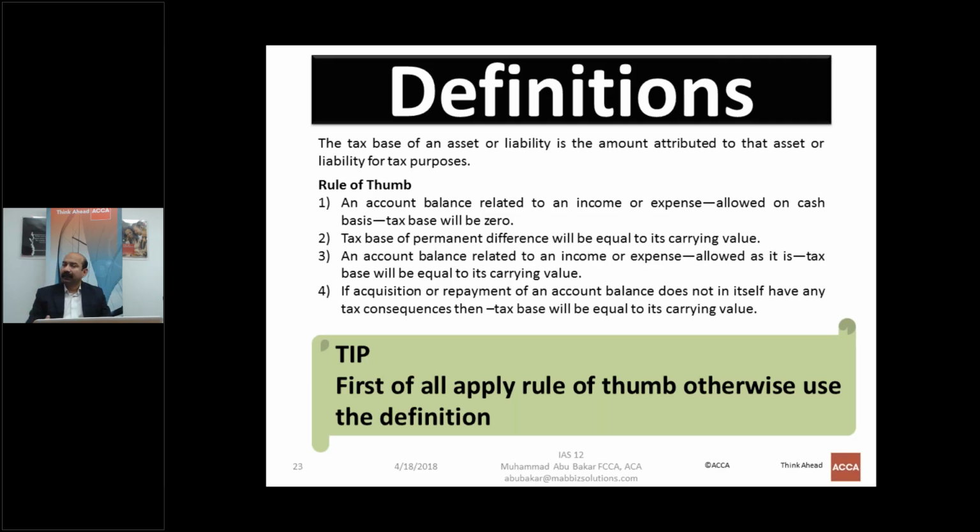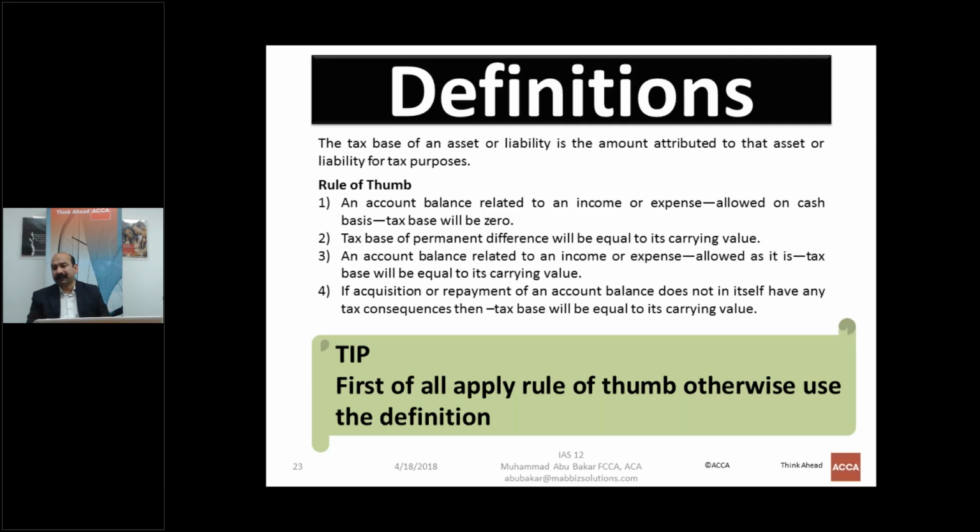If you see that this asset or expense is being allowed on cash basis, simply go for rule number 1 and take its tax base as 0. If it is written that this expense or income is not allowed, this means the related asset or liability is also not allowed, so take its tax base as equal to its carrying value. For an asset or liability, consider the related expense or income.